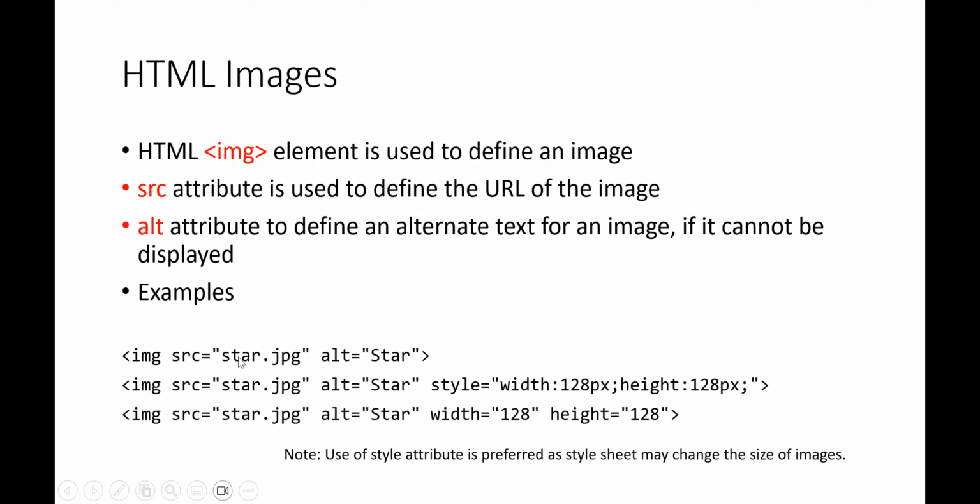One thing is the location of the image. In here, I assume that the image is saved in the same place as our file, so that's why there's no path. But let's say you have an image within a folder, then you have to state where the folder is.